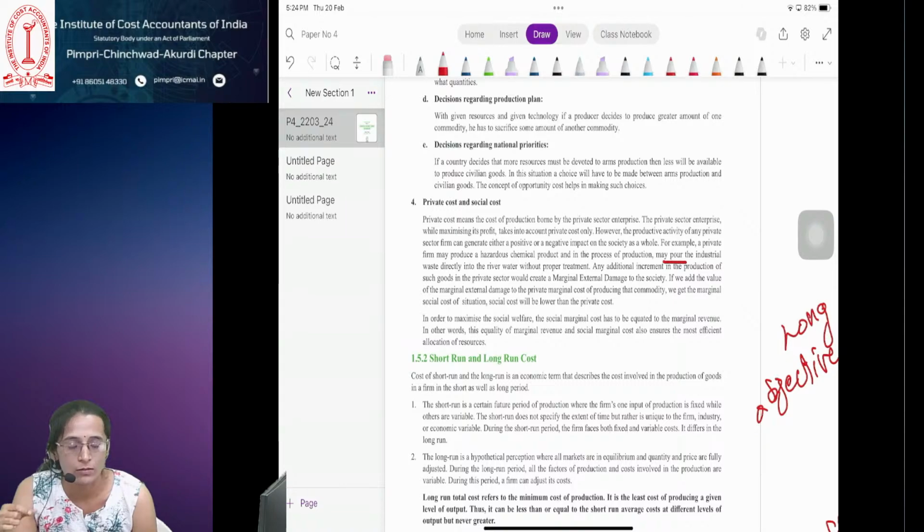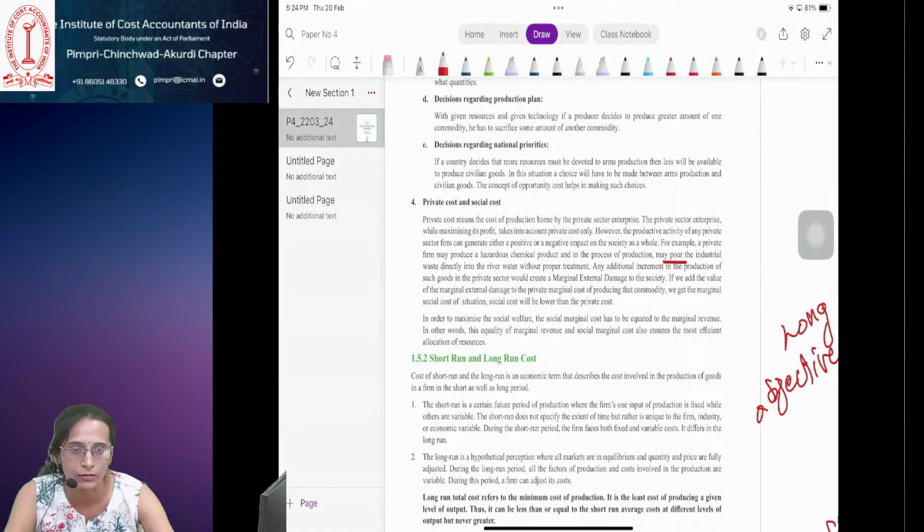Otherwise it will create harmful impacts on the environment, right? So the private costs are that cost we are saying. Normally the private organizations incur that cost plus whatever marginal cost they incur to convert it into that. They have to convert that.